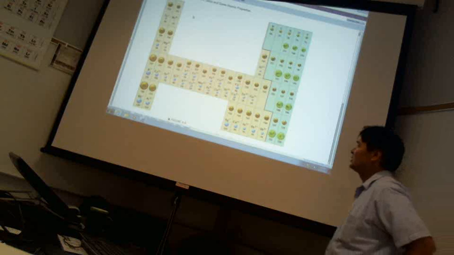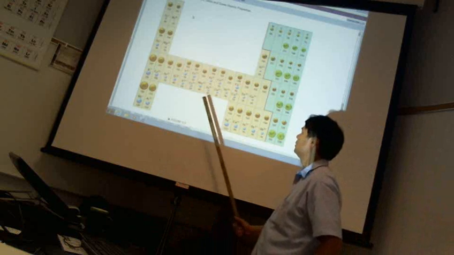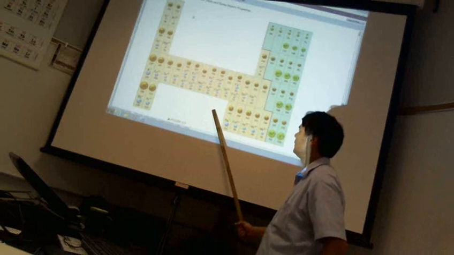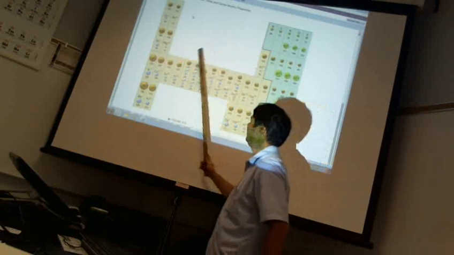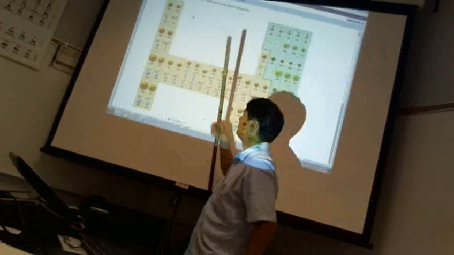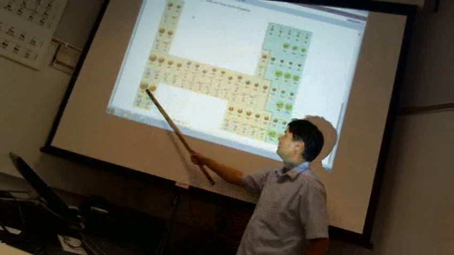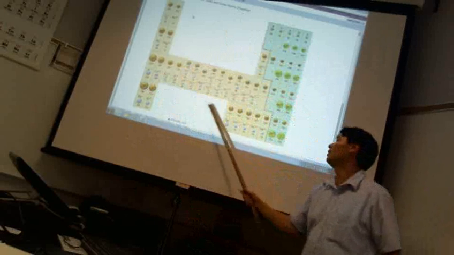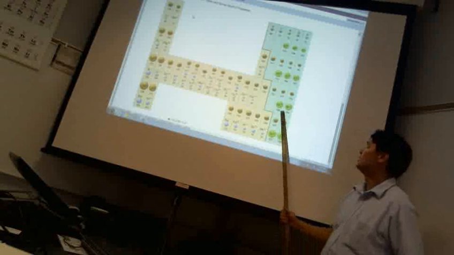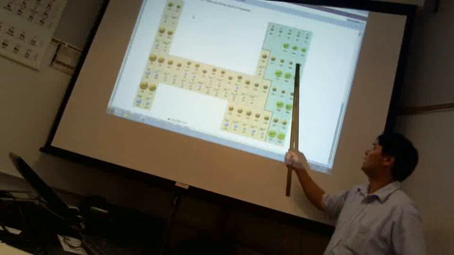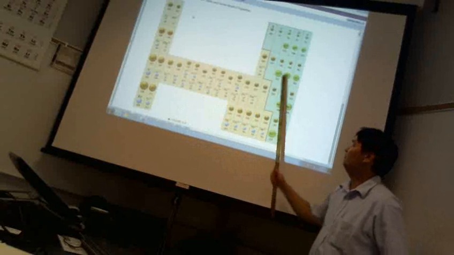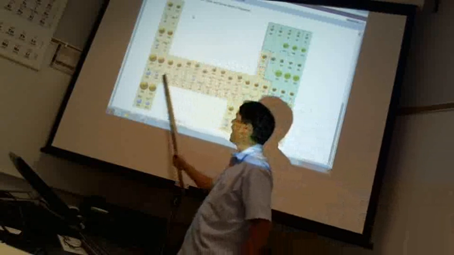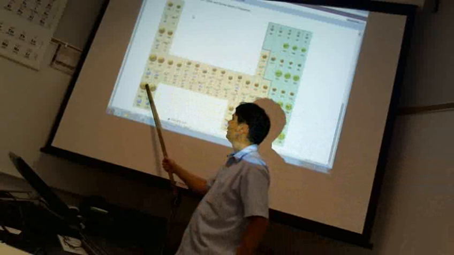And this creates kind of a weird trend here. The weird thing about this is now the table is kind of flipped. Before, the biggest atoms were on the left. Now the biggest ions are on the right. So for ions, the biggest are on the right, smaller on the left, and then it gets smaller. Like the biggest neutral atom is bottom left.